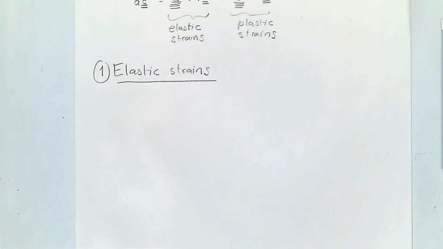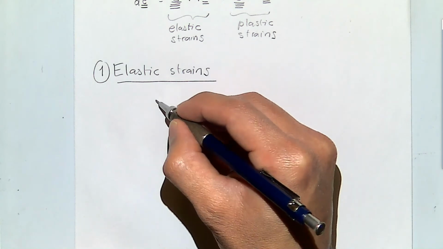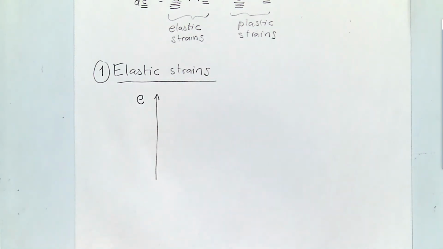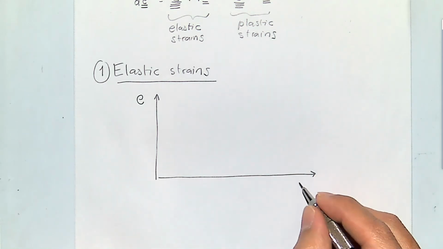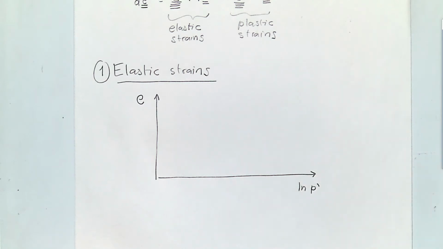If you remember, we talked about compression curves, or compaction curves, in which this is the void ratio, which is proportional to porosity, and this is the natural logarithm of the mean effective stress, p prime.